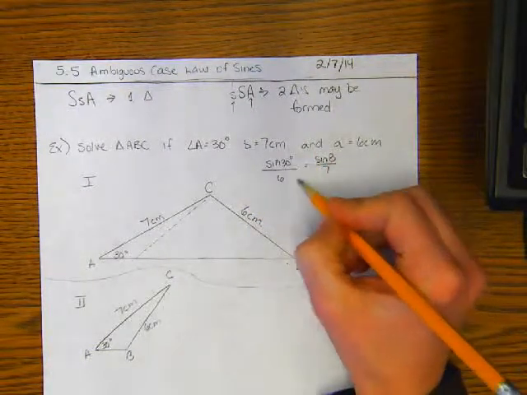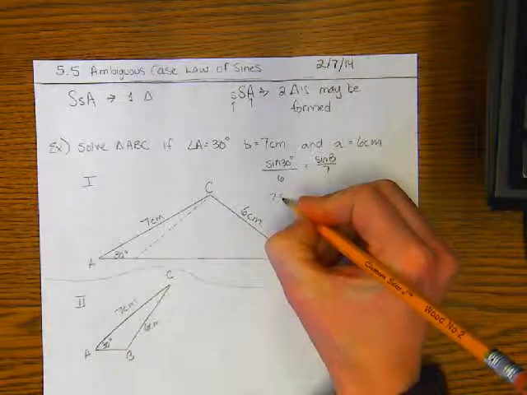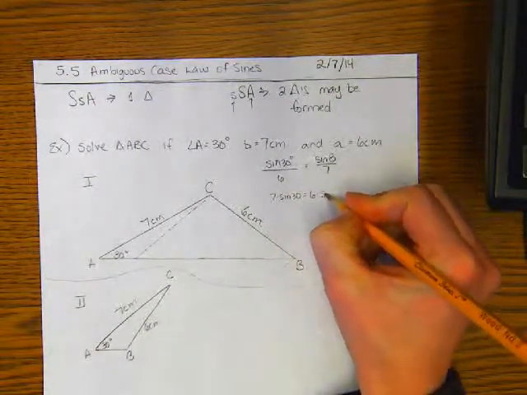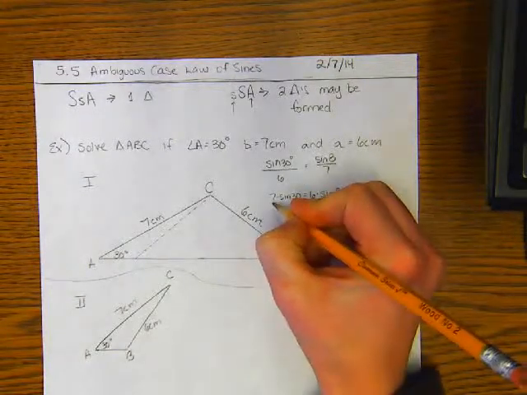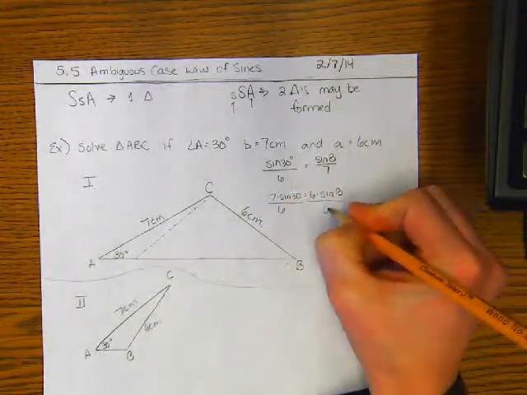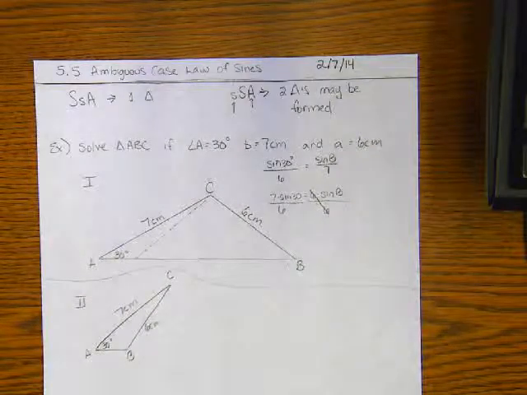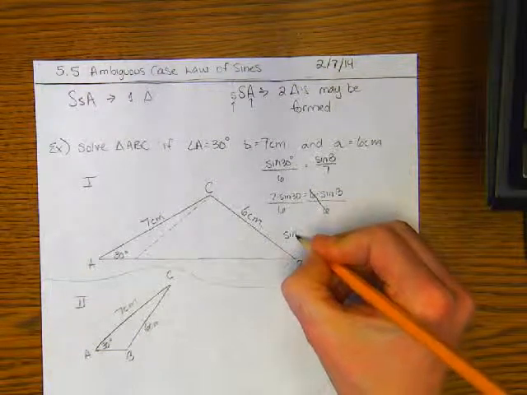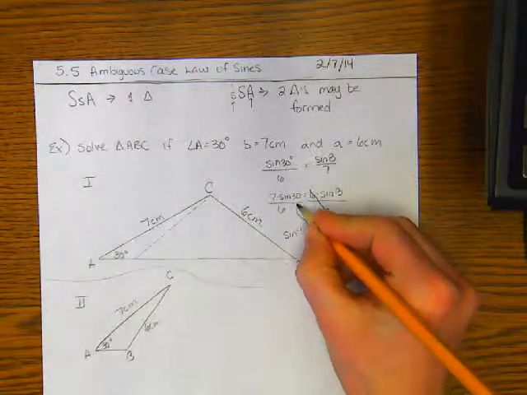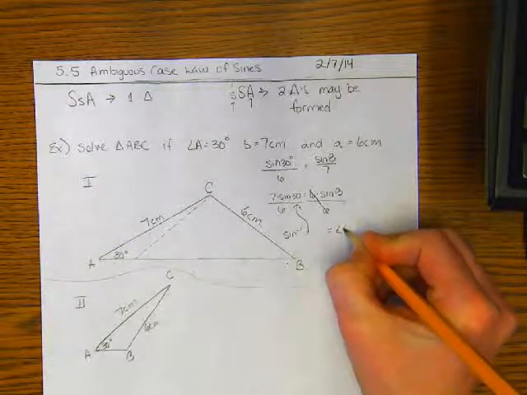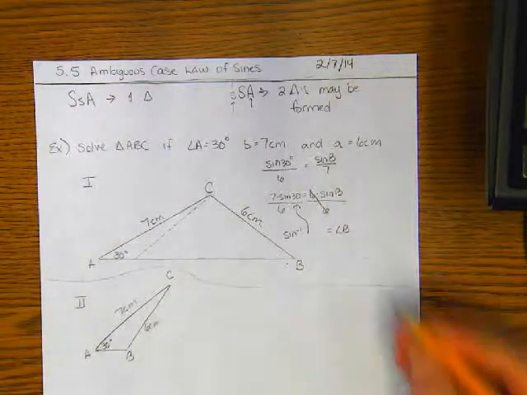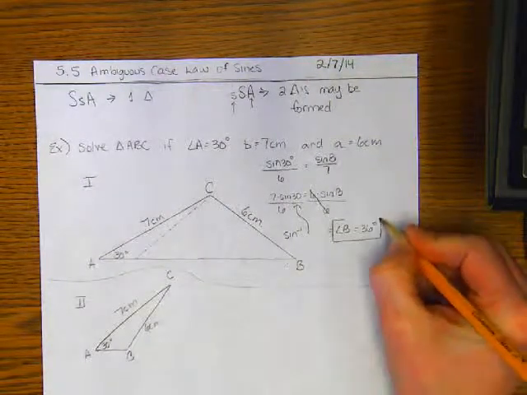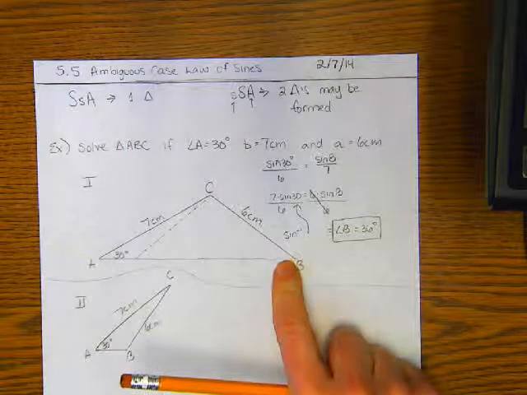From yesterday we learned that we can cross multiply and get 7 times sine of 30 equals 6 times sine of B. Divide both sides by 6. Since I'm finding an angle, I take the sine inverse of this expression, and that's going to tell me angle B. Angle B is 36 degrees, and that matches up with what we see here.